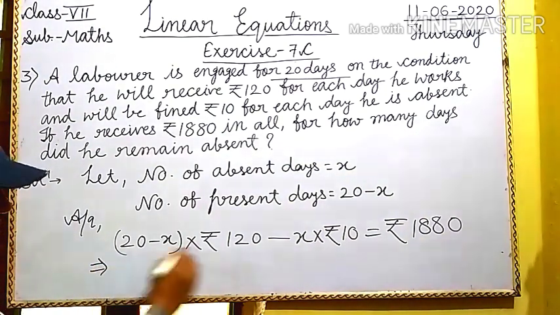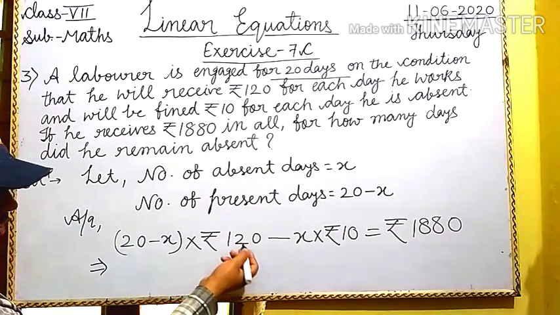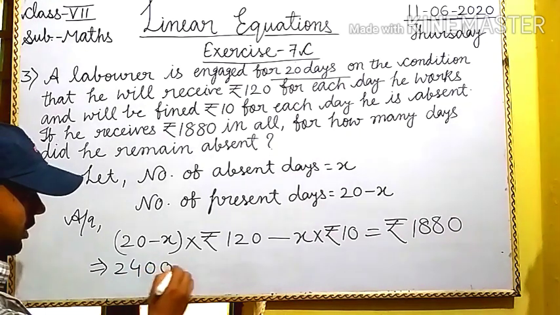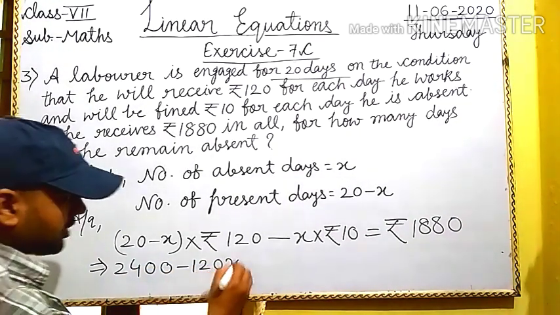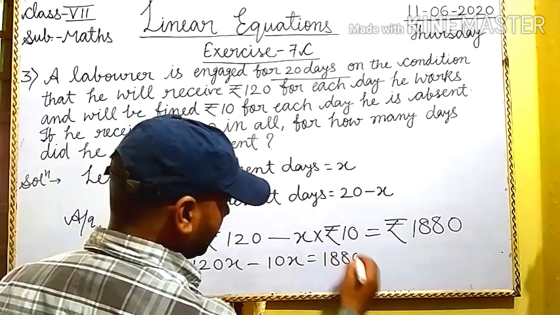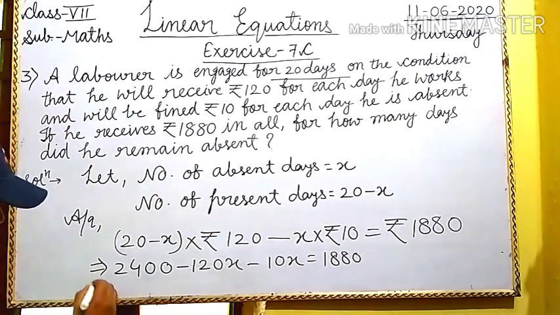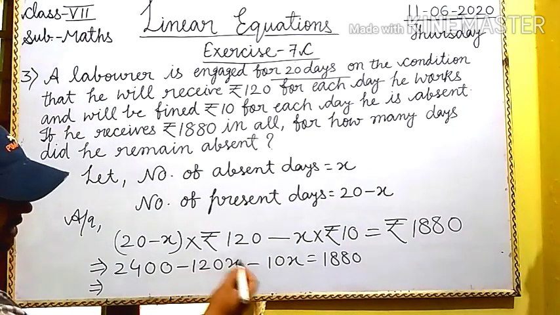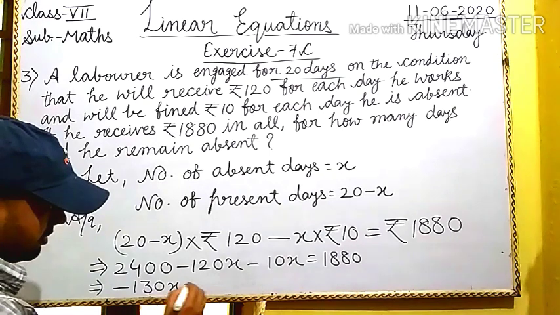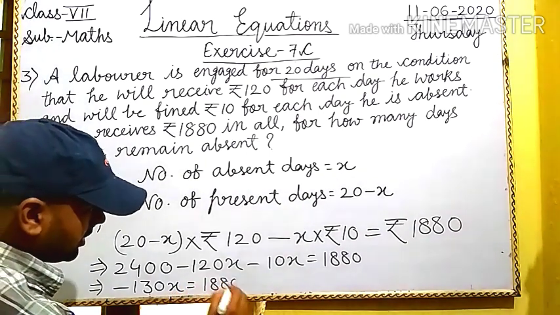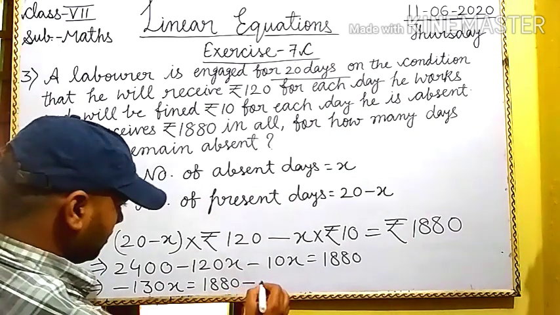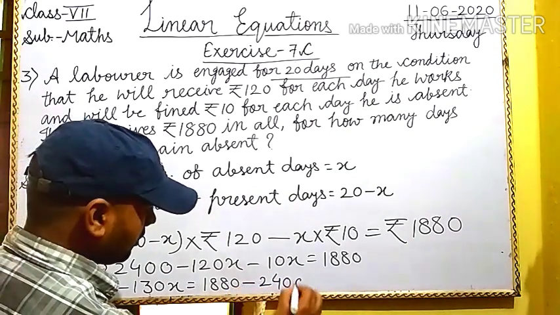We solve it first. We remove the bracket. 120 multiplied by 20, we get 2400, minus 120x, minus 10x, is equal to 1880. Minus 120x minus 10x, we get minus 130x. 1880 and 2400 go to the right side, so minus 2400.